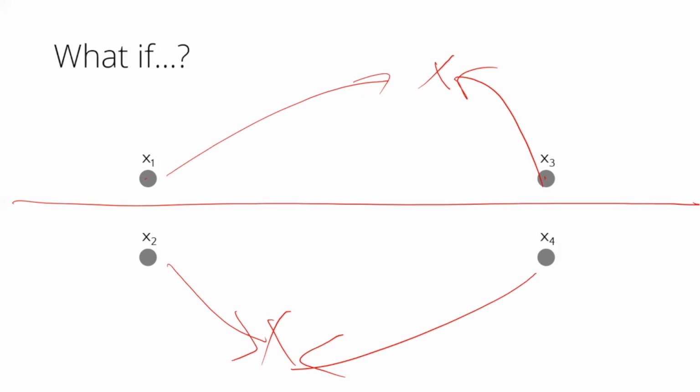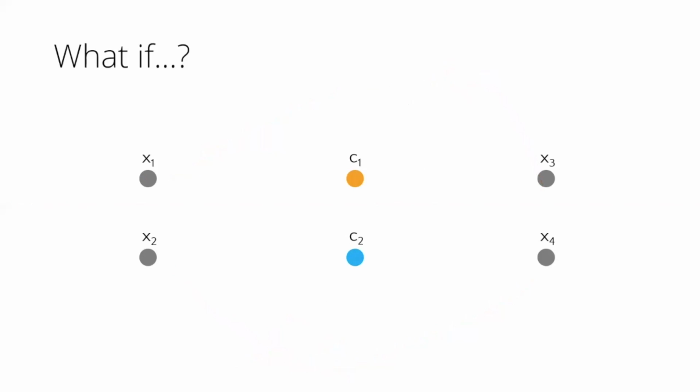And then immediately after that, when we update the mean, this guy is going to move to the middle of x2 and x4, and this guy is going to move right in the middle of x1 and x3. And that's when the algorithm converges. It doesn't further improve. So k-means converges immediately.